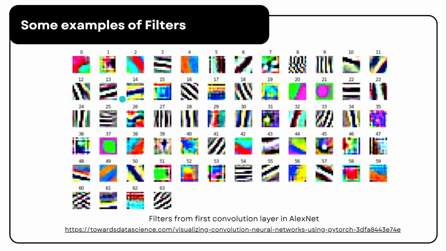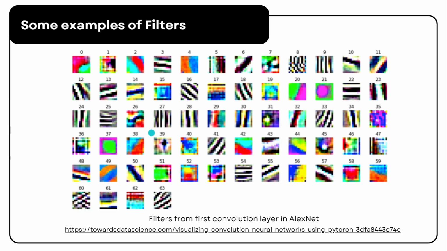And you can already see that many of them have developed very distinct patterns. Some filters look like they are tuned to edges, some to textures, and some even respond to colors or the orientation of the image.